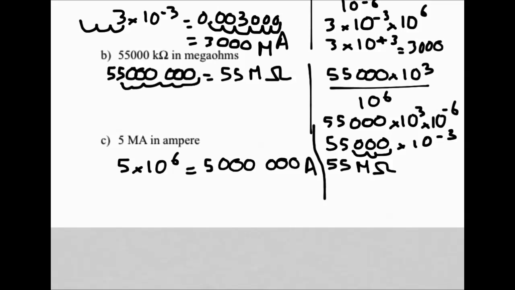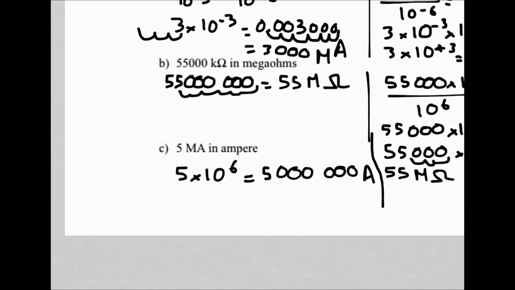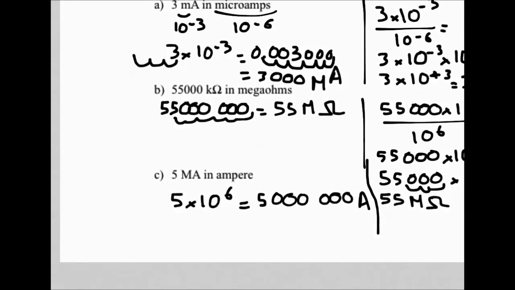So you need to know which is which. You need to know that mega is 10 to the power of 6. You need to know that kilo is 10 to the power of 3. Then you have the main unit. And then you're going to have milli, 10 minus 3.